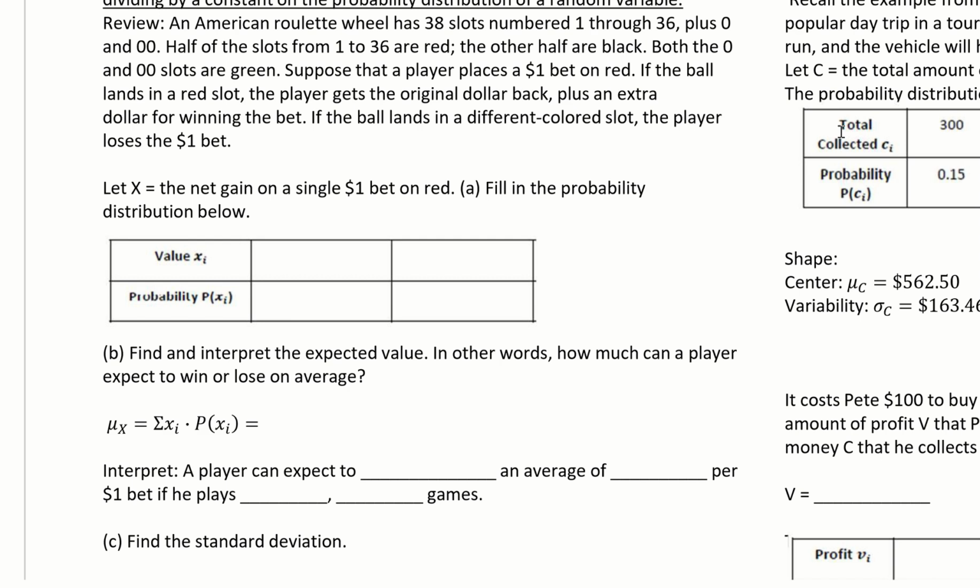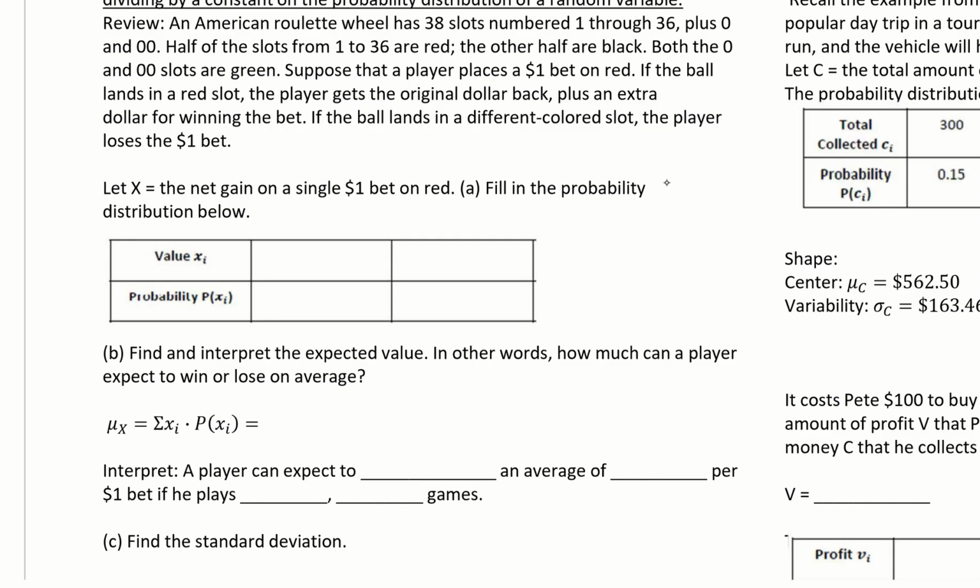So then what are our possibilities here, right? There are two potential possibilities. You get the dollar back plus an extra dollar here. And then if it doesn't, then the player loses, right? So the values here are whether they win or lose, what's the value that they win or lose.